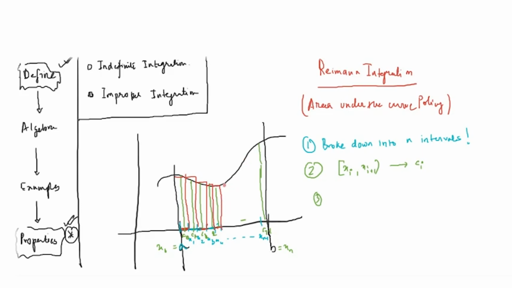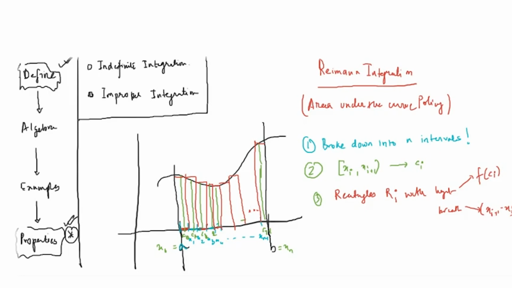They keep on constructing this, so they get rectangle areas, dot dot dot. Finally, they constructed rectangles Ri with height f of ci, the height, and breadth xi plus 1 minus xi, this length.